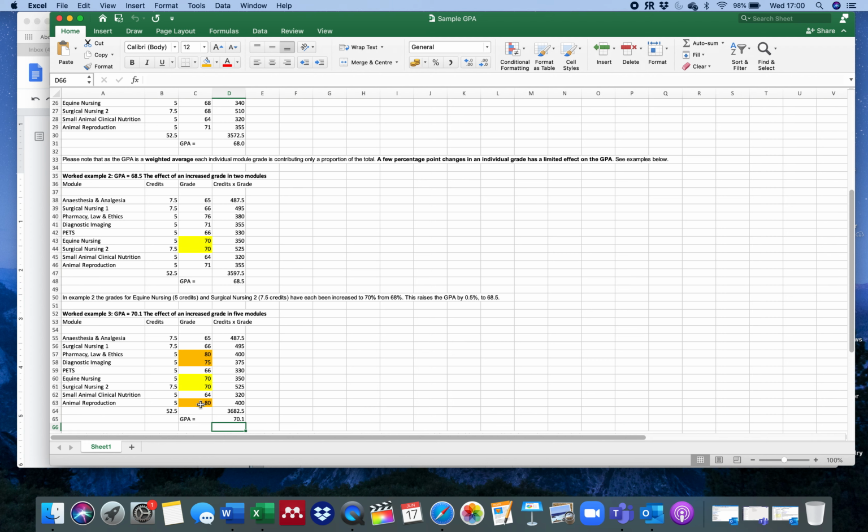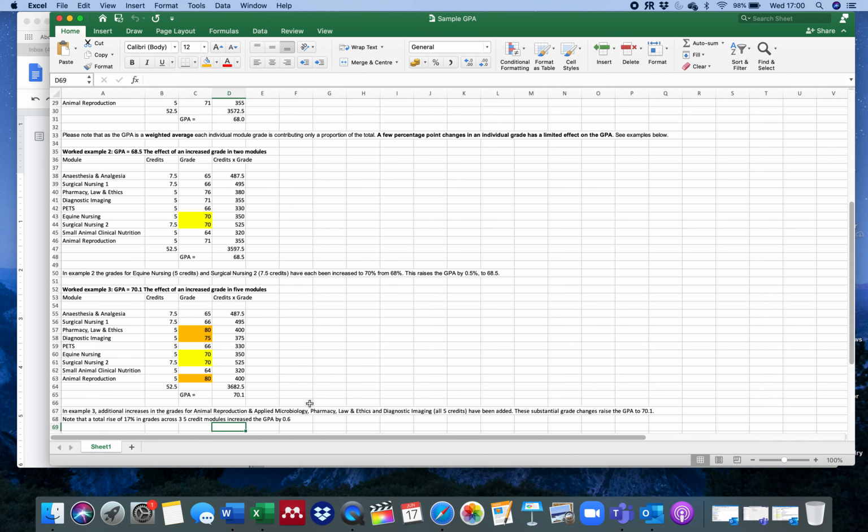So quite a significant increase there. That increases the GPA by a further 0.6 percentage points to 70.1. So in this case, we've increased the grades by 17%, which is quite a lot, across 5 modules to give us a further additional increase of GPA by only 0.6 percentage points.